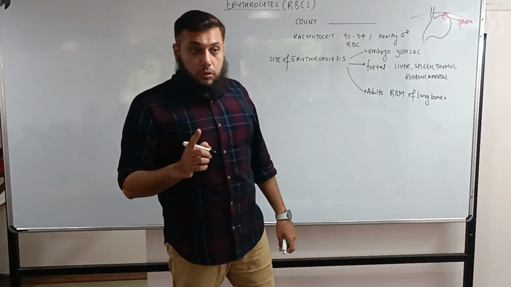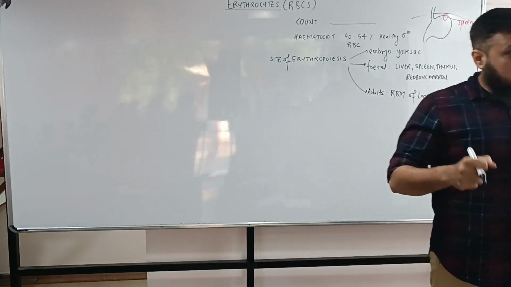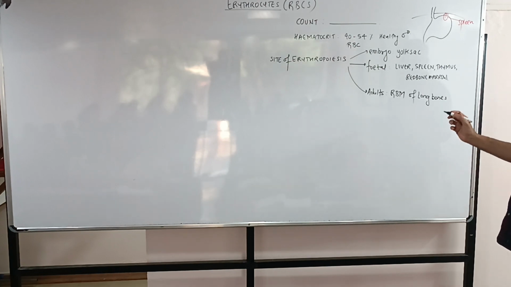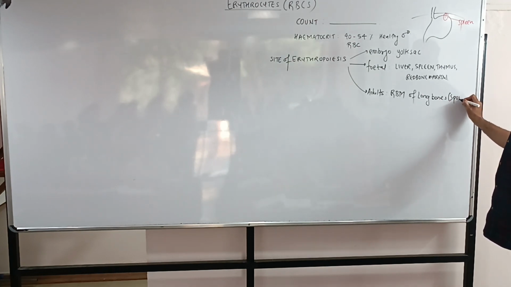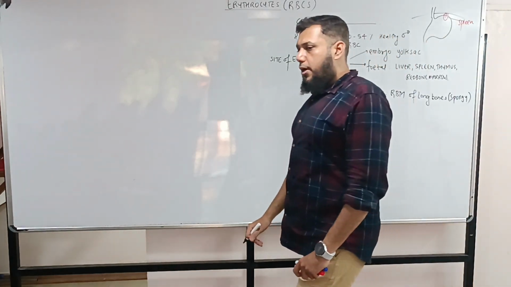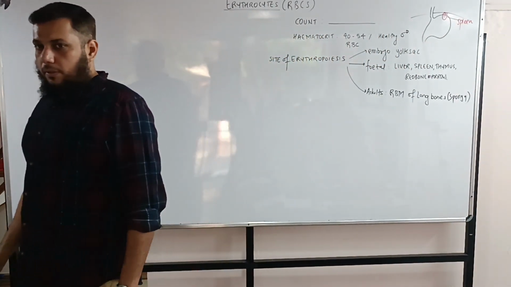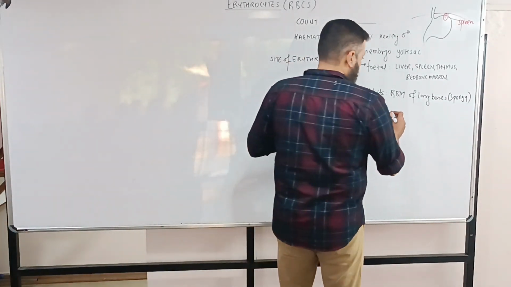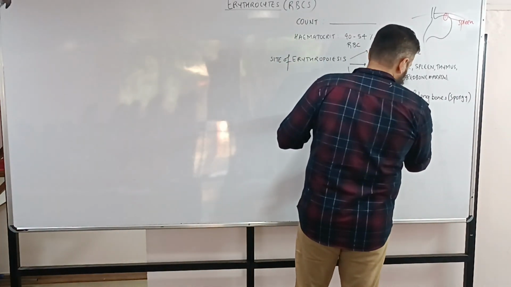The long bone has got a shaft. What is shaft called? Diaphysis. The end is called as the epiphysis, or it is also called as the spongy bone. So which part is responsible for it? The spongy part of the red bone marrow. Okay? Even your pectoral and pelvic bones.